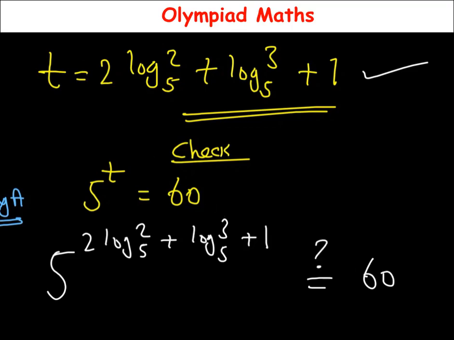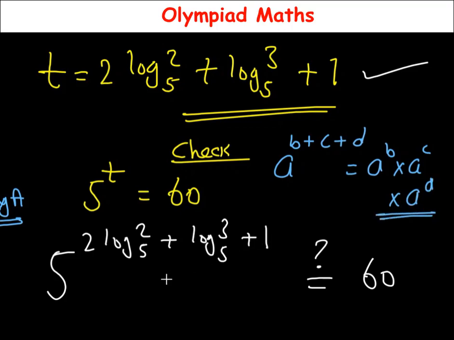Now applying the principle of indices, that if you have a raised to power b plus c plus d, this is equal to a raised to power b times a raised to power c times a raised to power d.